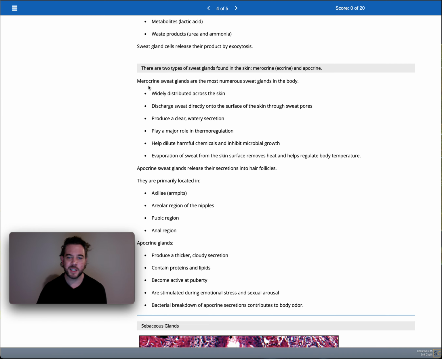Merocrine sweat glands are pretty much all over your body, anywhere along your arms, your hands, your back. I get a lot of sweat glands on my back. All over your body you have merocrine sweat glands producing your sweat, helping with thermoregulation, active all throughout life. It takes until about 3 or 4 years old before our hypothalamus sets what our temperature is.